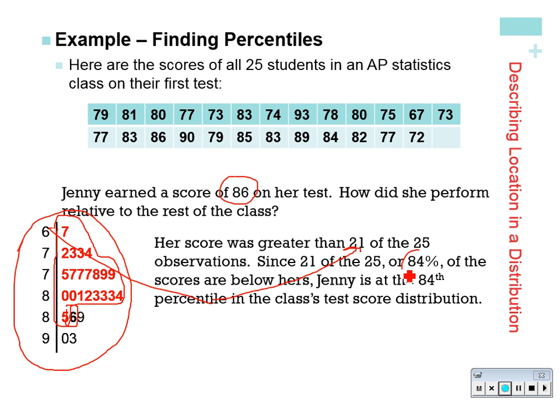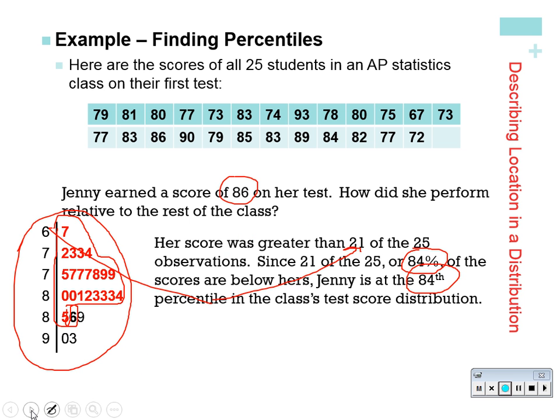So what that means in terms of percentile rank is that she scored better than 84% of the students that took this particular test, which puts her percentile rank at the 84th percentile. So the higher your percentile rank in this example, the better she does on this test in relation to the other students in the class.